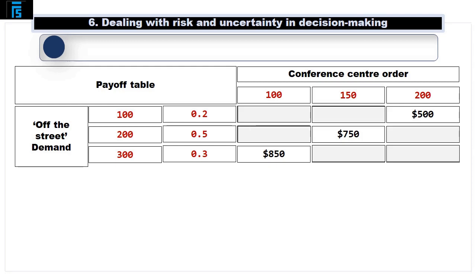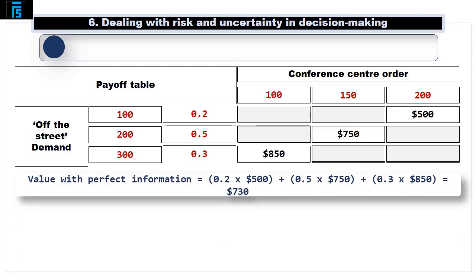As Jack stands looking at the envelope, if he could obtain this information at no cost before committing to the conference centre, the value of his decision would now be 0.2 times $500 plus 0.5 times $750 plus 0.3 times $850, which is $730. This is the value of the decision with perfect information.